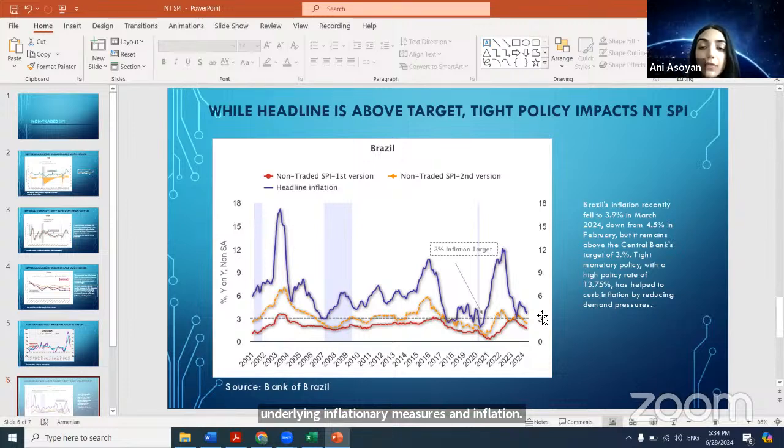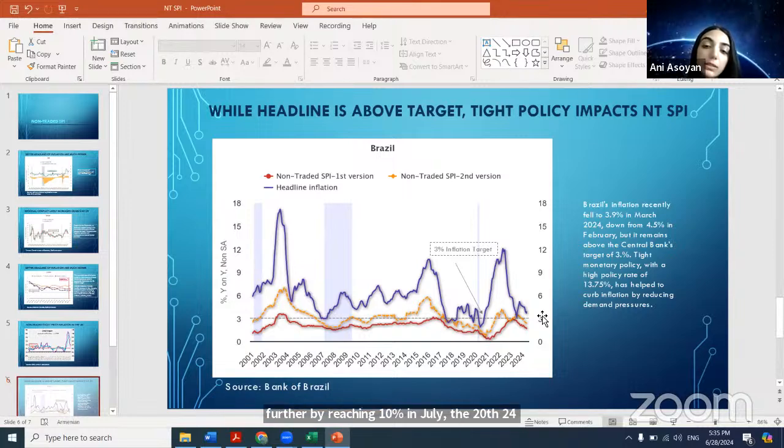After this extended tightening, they have started to shift to monetary policy easing, and recently they updated their decision by decreasing the policy rate from 10.75% to 10.5%, and they plan to decrease further, reaching 10% in July 2024.